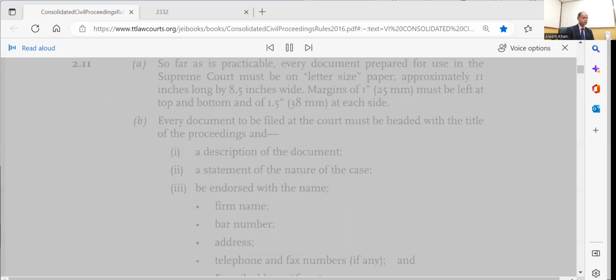Documents 2.11. (a) So far as is practicable, every document prepared for use in the Supreme Court must be on letter-size paper, approximately 11 inches long by 8.5 inches wide.